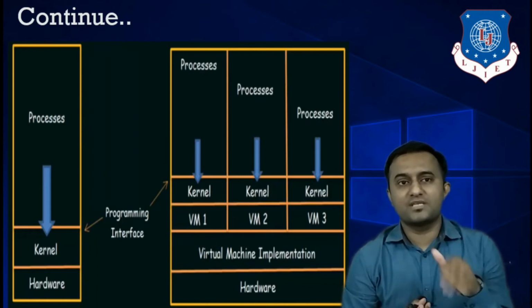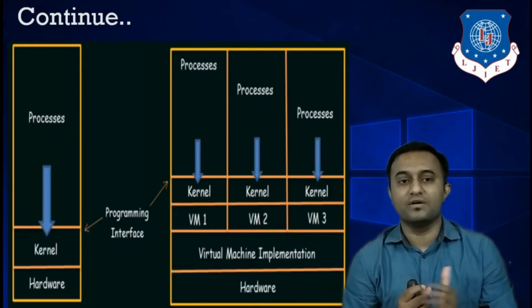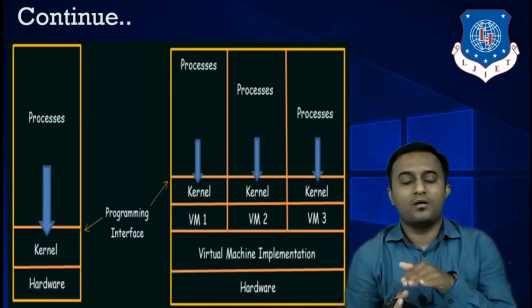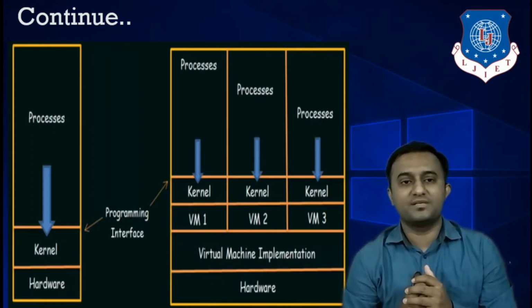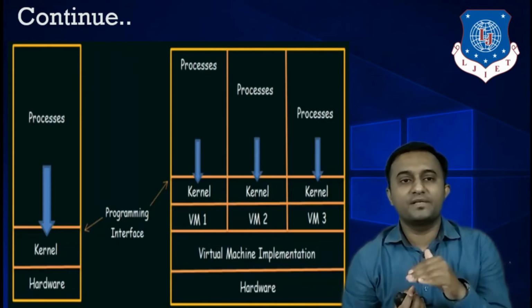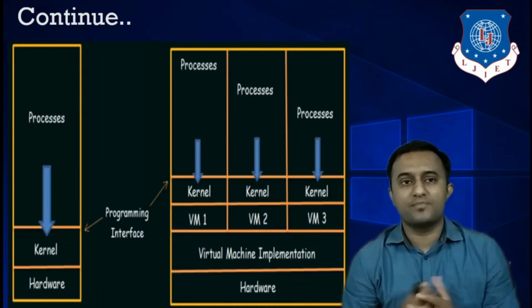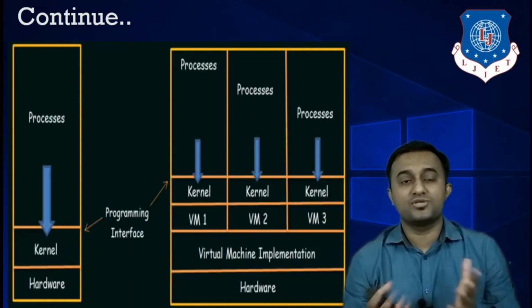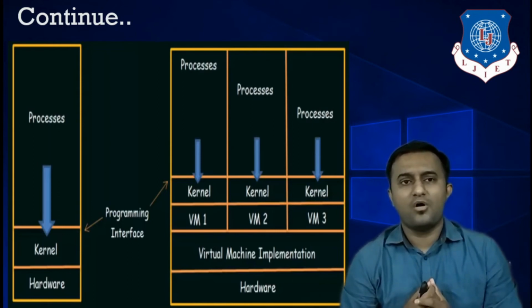We are talking about traditional machines without using the concept of virtual machine in the first figure. Then on the hardware we have the kernel of the operating system, and on the operating system, through various application programs, we are running various processes. Fine. So this is how a traditional operating system works.